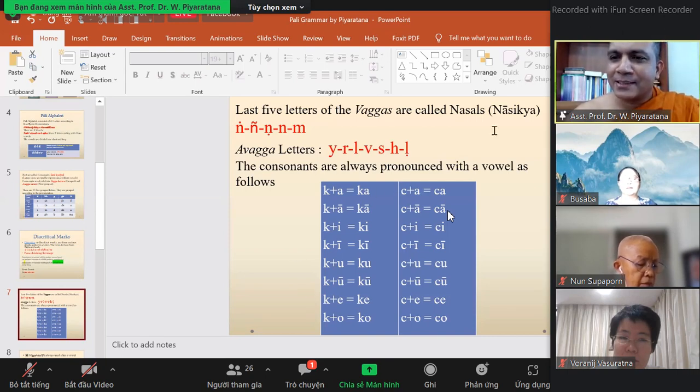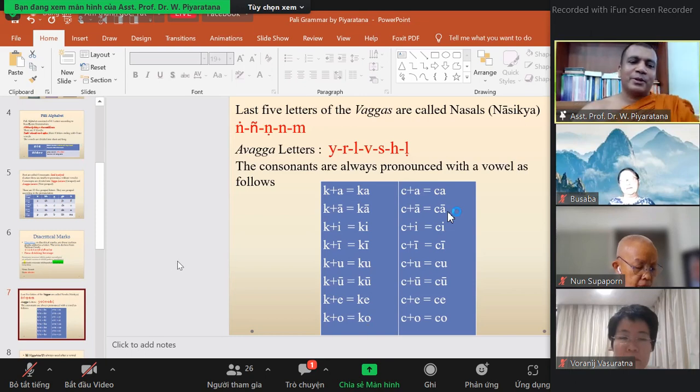If you study Sanskrit, it is very different, because the Sanskrit alphabet has 14 vowels. In Pali, only 8 vowels. Just listen. In Sanskrit they pronounce ka, ki, ku, kuru, ke, kai, ko, kau, kang, kah.